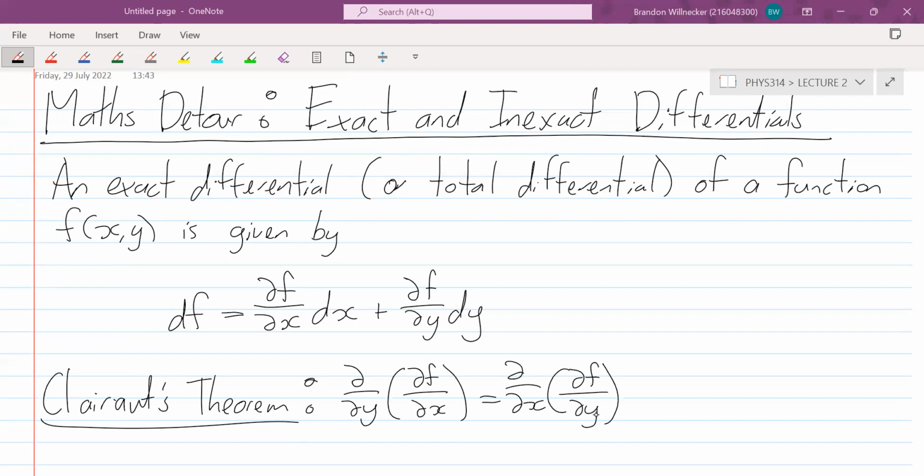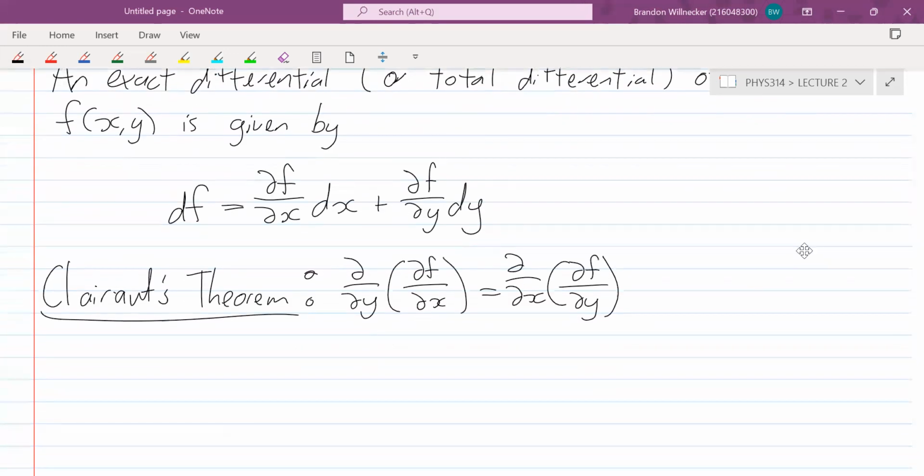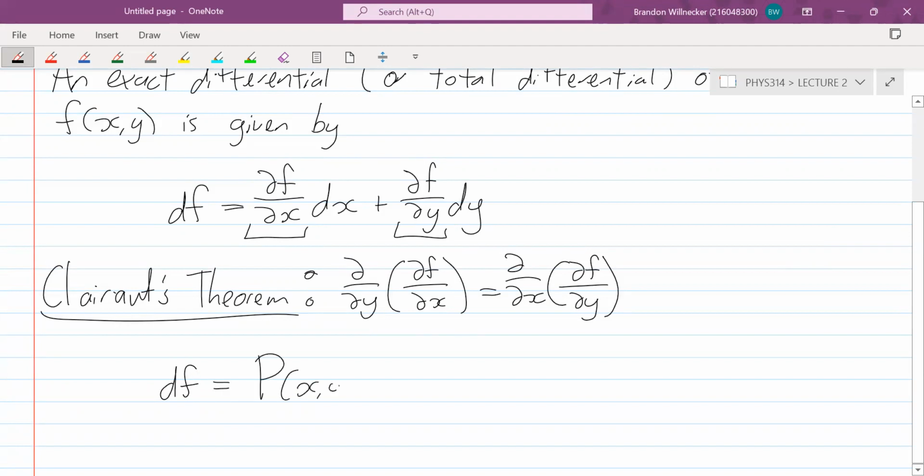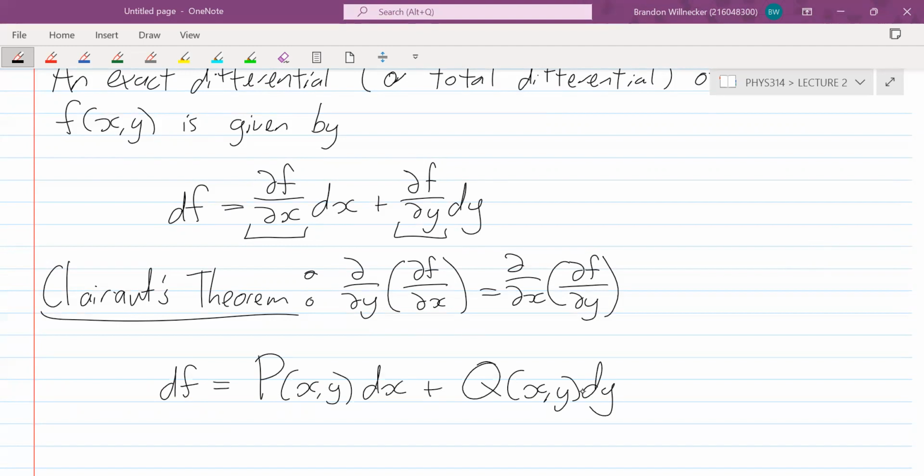Remember that. Instead of saying df by dx and df by dy, those are just functions of x and y, so we can say df is equal to p of x comma y dx plus q of x comma y dy. So df by dx is going to be p, and df by dy is going to be q. Because they're just functions, I'm just going to call them p and q.